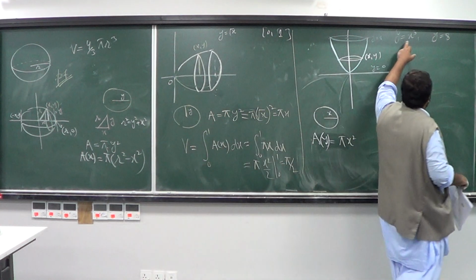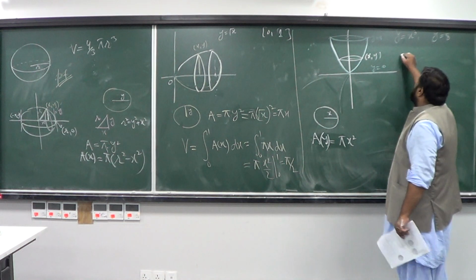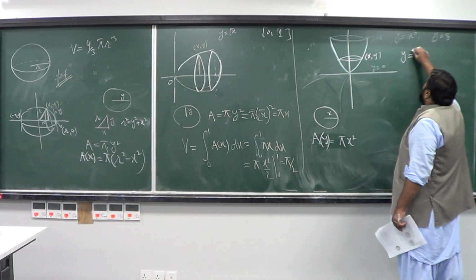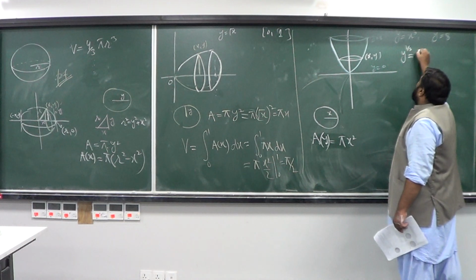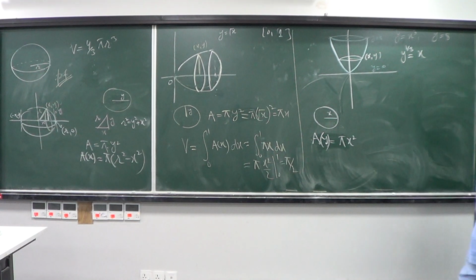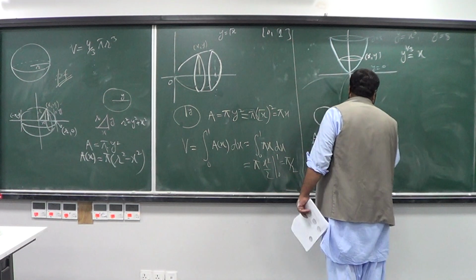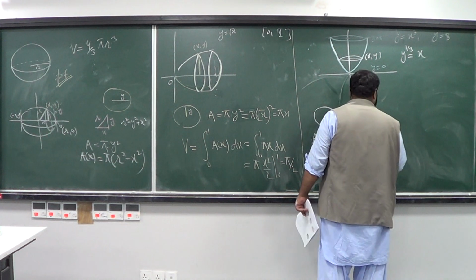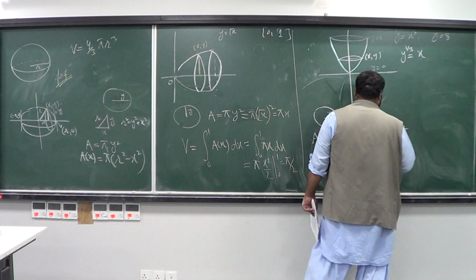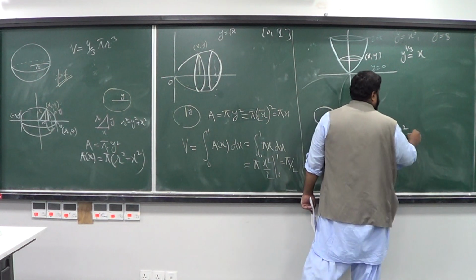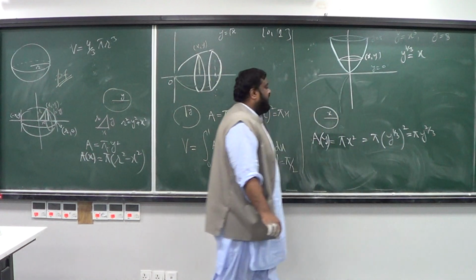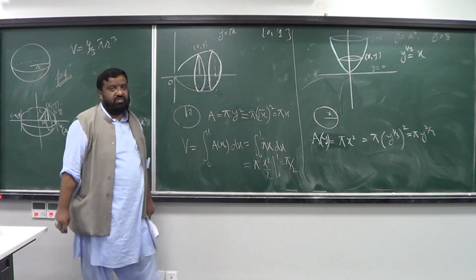I know that y is x cubed. So if y is x cubed, that means y power 1/3, if you take the cube root, is going to be x. And if this is the case, you're going to get pi y power 1/3 and square. So it's going to be pi y power 2/3. So this is really the area of the disk in terms of y.